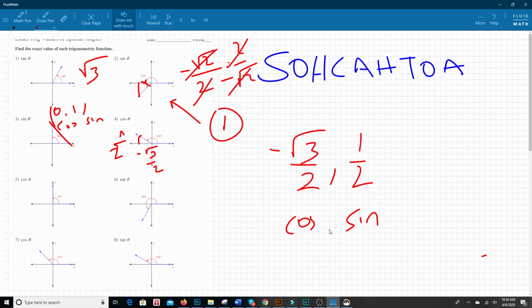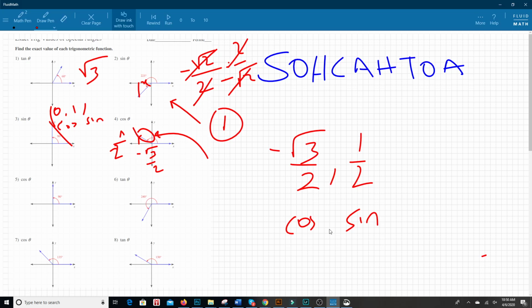So the adjacent is going to be, keeping in mind that this line right here is 1 itself. This line right here, the hypotenuse for all this, is 1 because it's a radius.